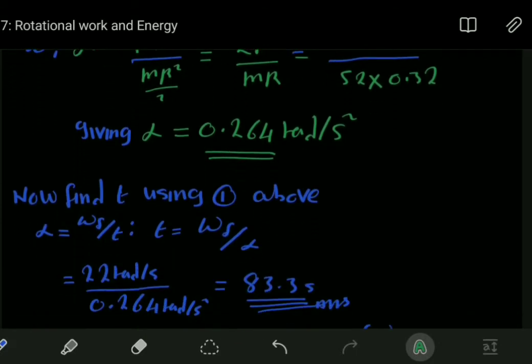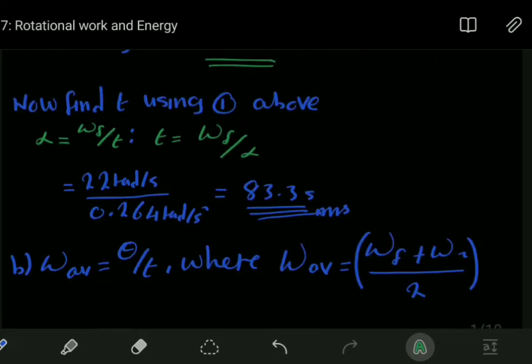So now find t using equation 1. We know that equation 1 gives alpha equals omega final over t. So we make t the subject. We have t equals omega final over alpha, and omega final, we said it's 22 radians per second after converting. So we'll have 22 radians per second over 0.264 radians per square second, giving us 83.3 seconds.